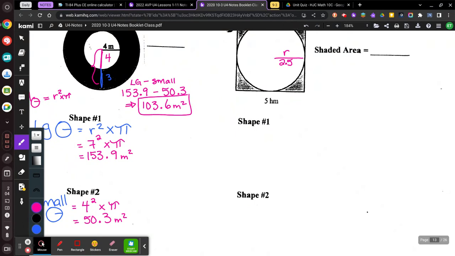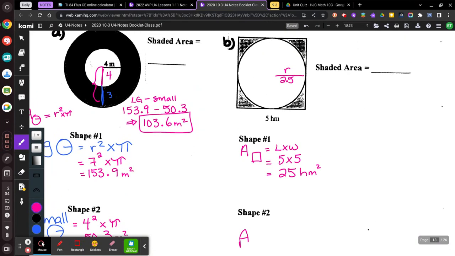All right. So shape 1, we're going to do the square. So area of my square, length times width, or you can do side squared if you'd like. That's going to be 5 times 5 to give me 25 hectometers squared. Then I'm going to do my area of a circle. All right, area of our circle is going to be r squared times pi.